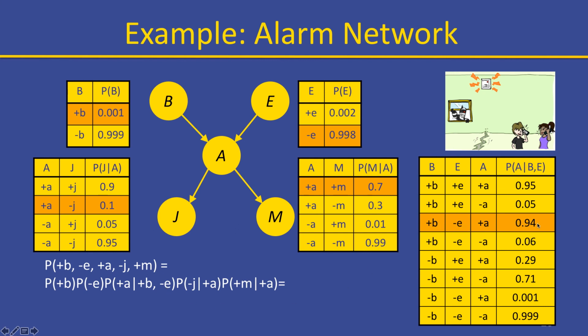It's 0.94. And then for minus J, we take the local probability of minus J given the parent plus A, that's 0.1. And we do the same for plus M. It's probability of plus M given plus A. So we read all these probabilities from the tables, we plug them in, and we find our joint probability.